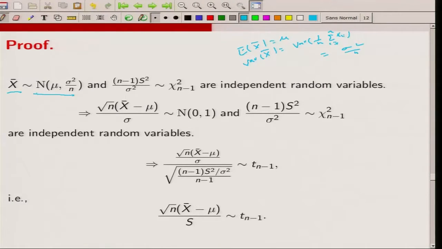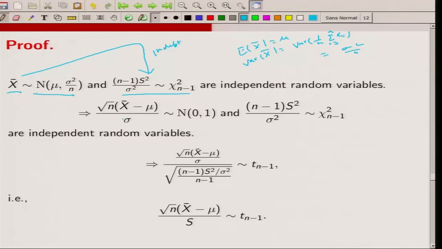In fact, I gave this as one of the exercises. So x bar is normal(mu, sigma square by n), and we have also done a result which says if x1, x2, ..., xn are IID normal(mu, sigma square), then n minus 1 s square by sigma square is chi square on n minus 1. We also know from the result done in the last module that they are independent.